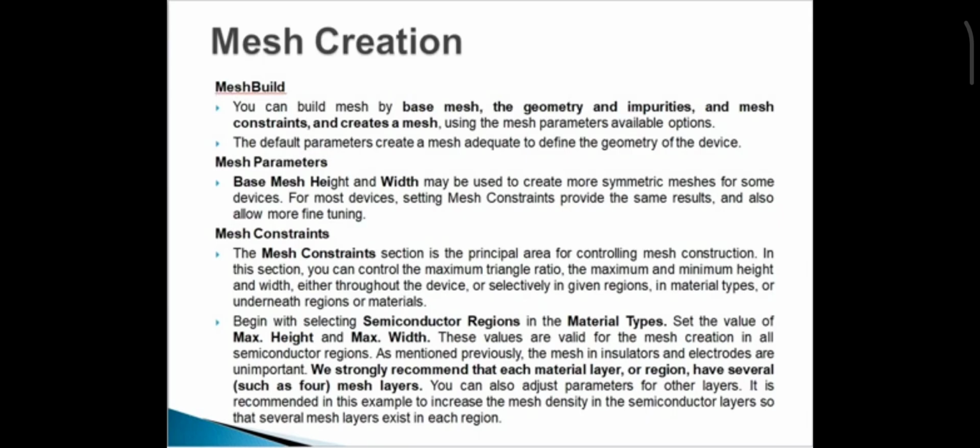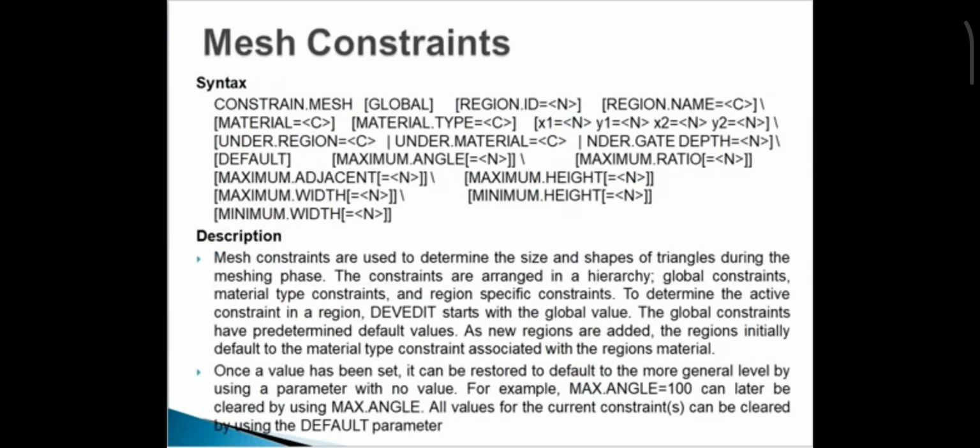It is recommended in this example to increase the mesh density in the semiconductor layers so that several mesh layers exist in each region. Simply, to increase the mesh density, you have to increase the number of mesh layers in one region. How to define the mesh constraint in the DevEdit code?